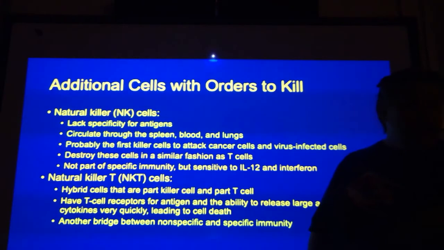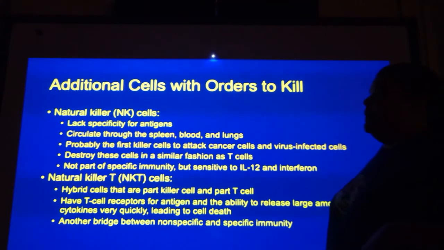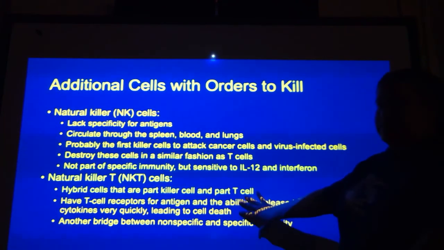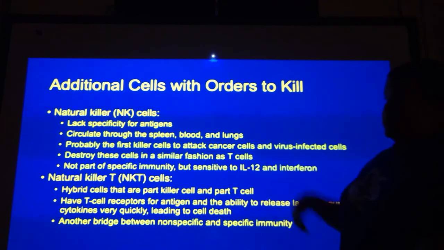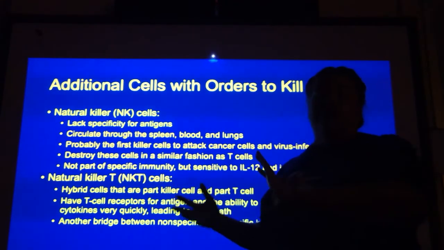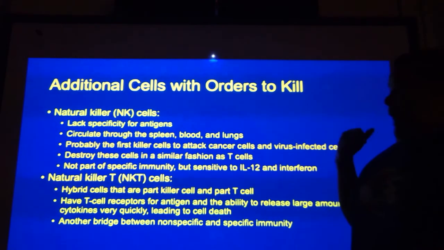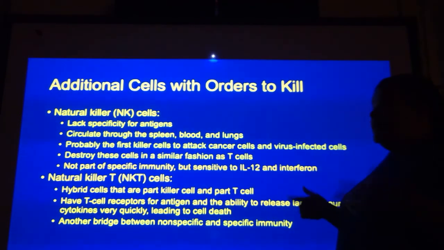The last two types of T cells I'm going to talk about are natural killer cells and natural killer T cells. Natural killer cells are actually categorized as part of our non-specific immunity, even though they're T cells. They don't have specificity. They do circulate through our spleen, our blood, and our lungs.